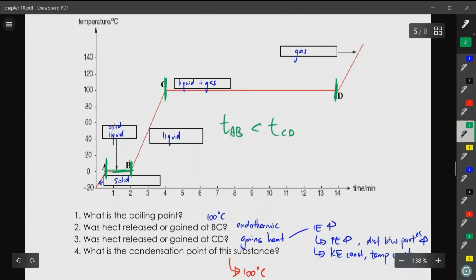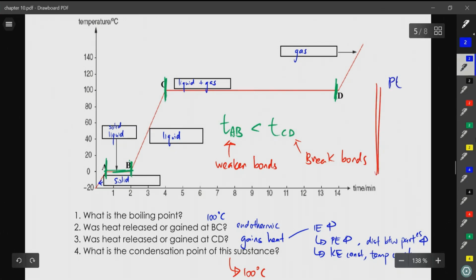Why? Because, as we mentioned, over here you are just weakening the bonds, while over here you are trying to break the bonds. Now relate these in terms of potential energy. In terms of PE, this is what's happening. I have particles here and they are weakened, so maybe the structure becomes more flexible.